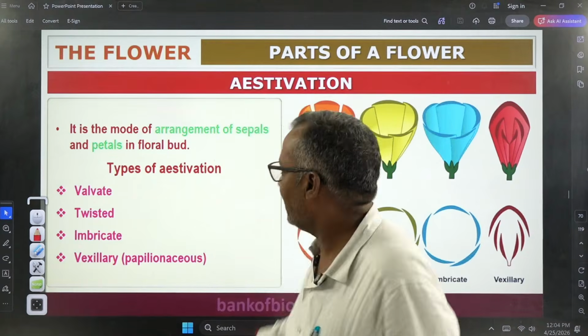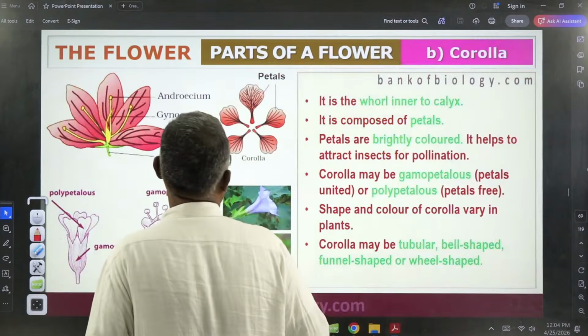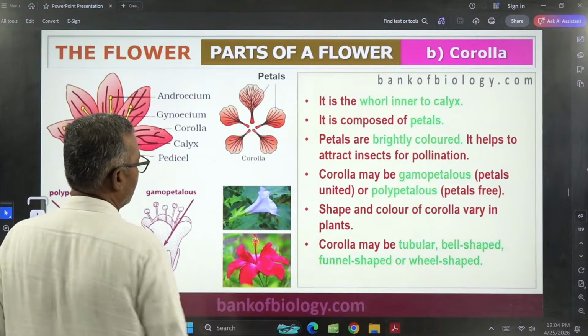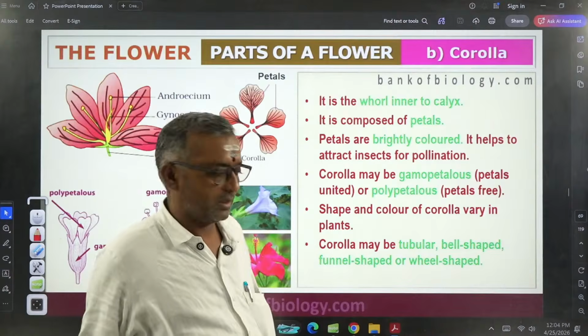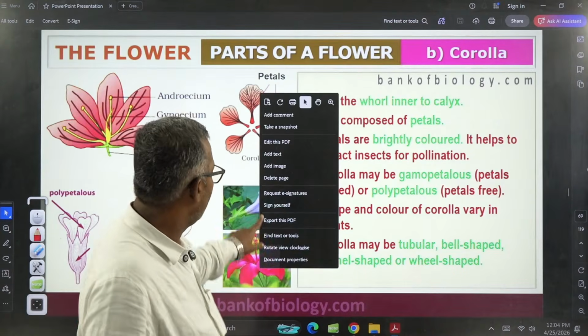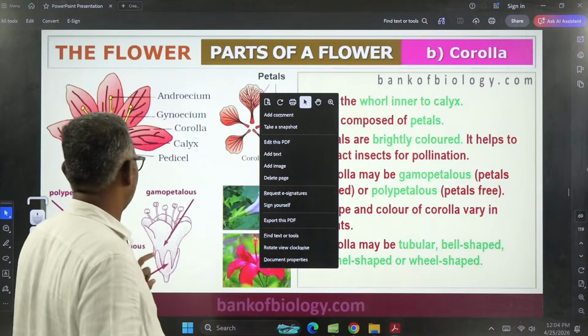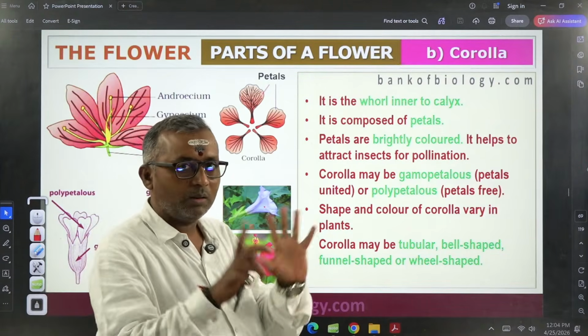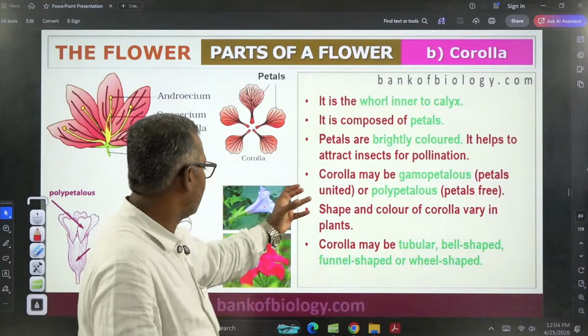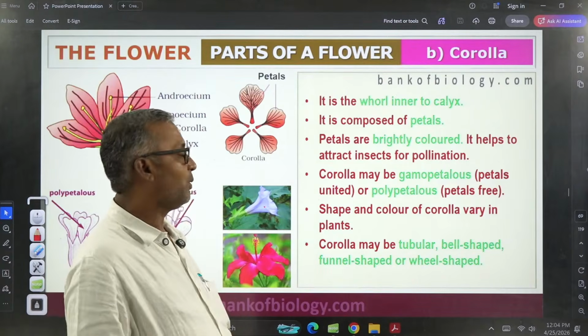Petals free in the sense, look at the board. Say if you take hibiscus, China rose, all the petals are free from each other. This is polypetalous. Whereas in case of datura, all the petals are fused and appear like a funnel. This is gamopetalous.